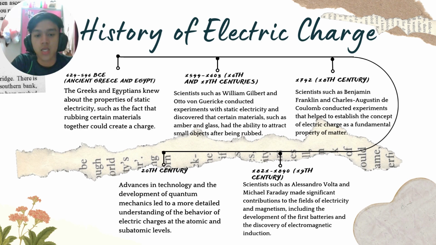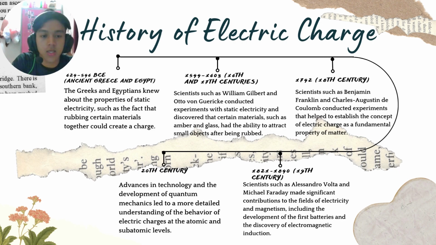After that, in year 1544 until 1603, which is the 16th and 17th centuries, scientists such as William Gilbert and Otto von Guericke conducted experiments with static electricity and discovered that certain materials, such as amber and glass, had the ability to attract small objects after being rubbed.